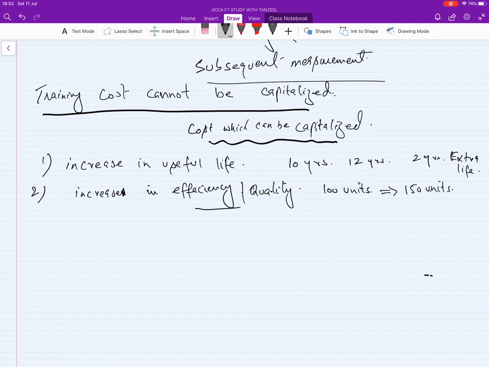Because of this expense the economic benefit flows toward that entity, so you can capitalize this expense.